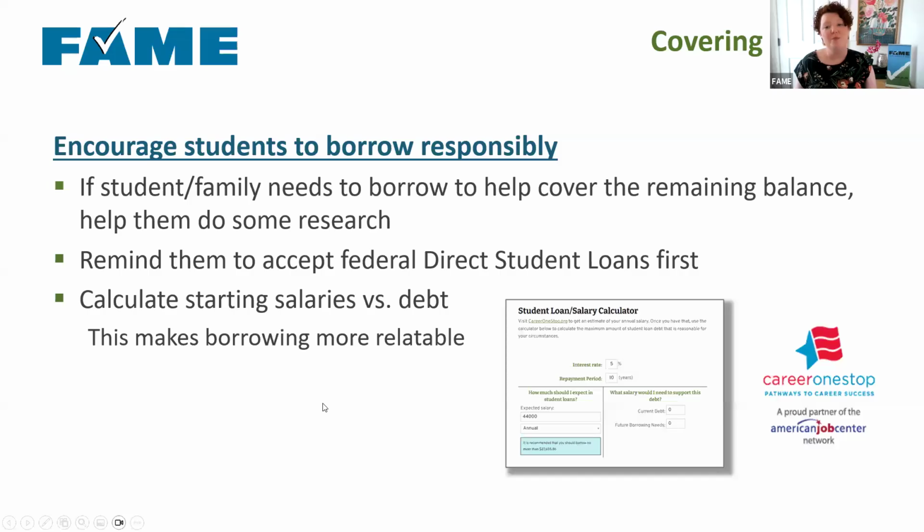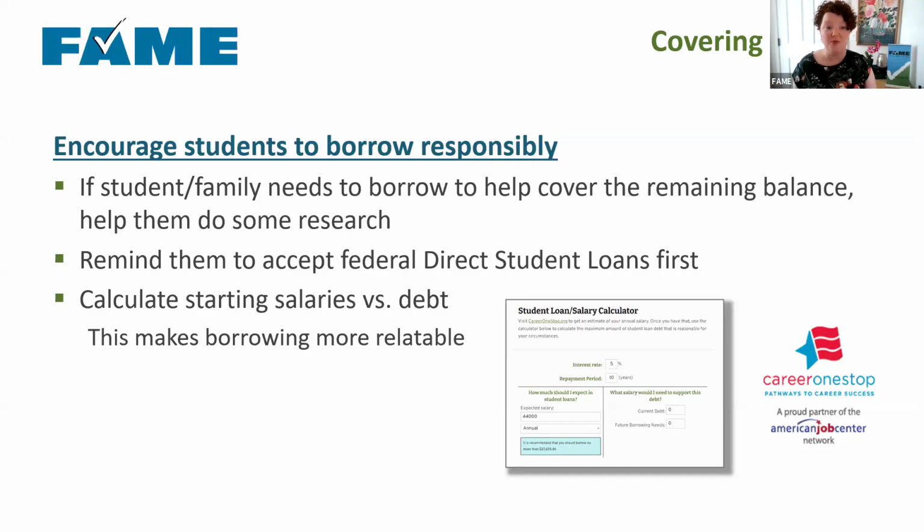And then encourage students to borrow responsibly. We talked already about students using student loans to cover some of that additional balance. Make sure that students are accepting those federal direct student loans first. Those loans are typically going to have better interest rates and better terms, especially in the repayment process.